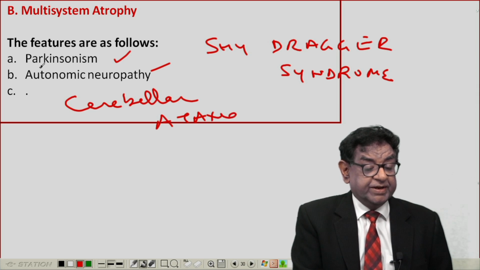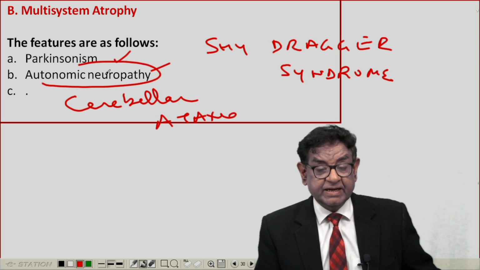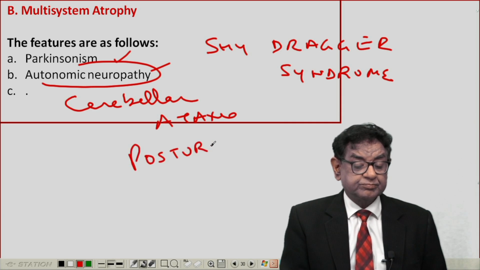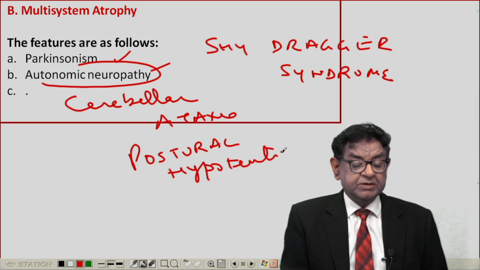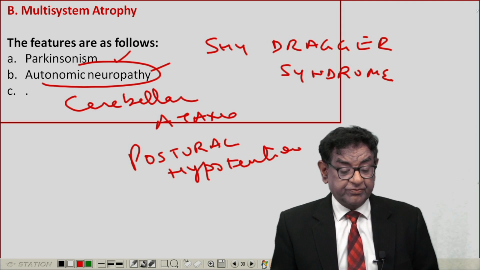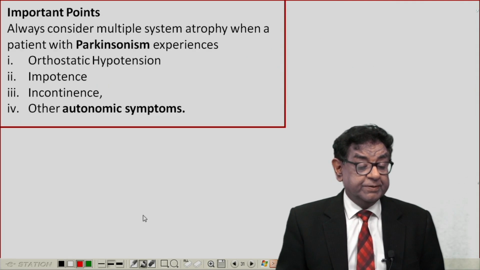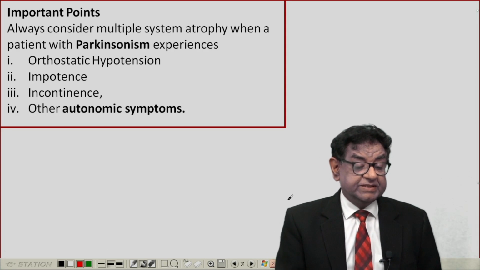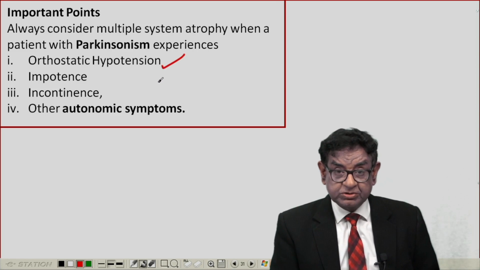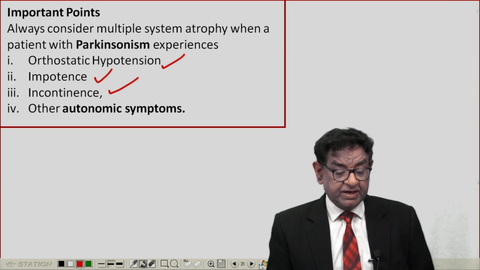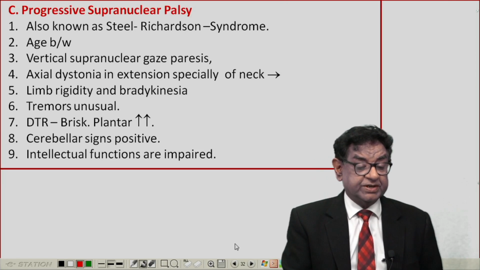But this is the very, very important feature: whenever we get a patient with postural hypotension in a patient of Parkinson, you always suspect multisystem atrophy. In addition, because the patient has autonomic dysfunction, impotence and incontinence are other features which can occur in these patients, all due to autonomic dysfunction.